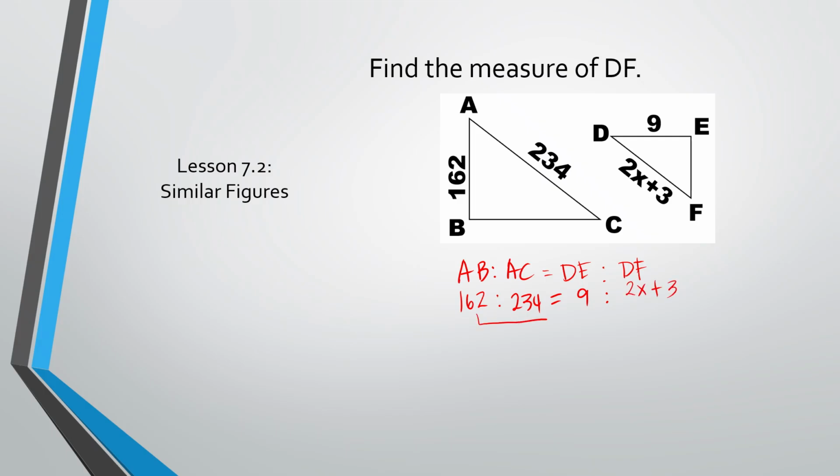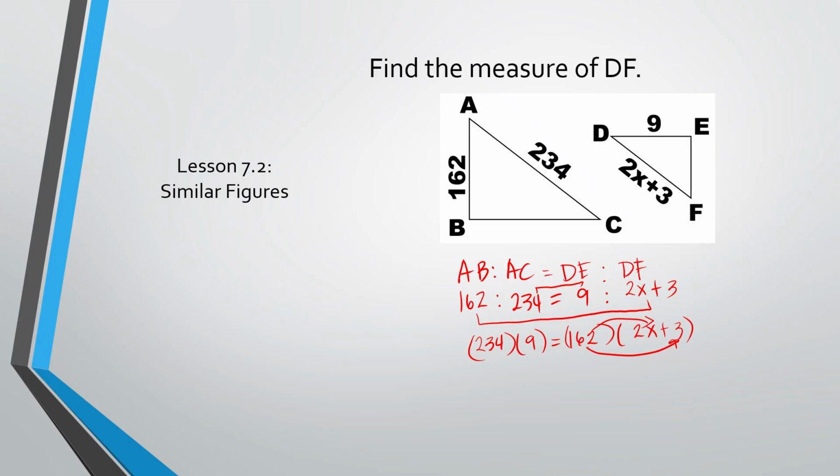Then you have to multiply the means and extremes again, as always. So we have here 234 times 9 equals 162 times 2x plus 3. Then distribute.